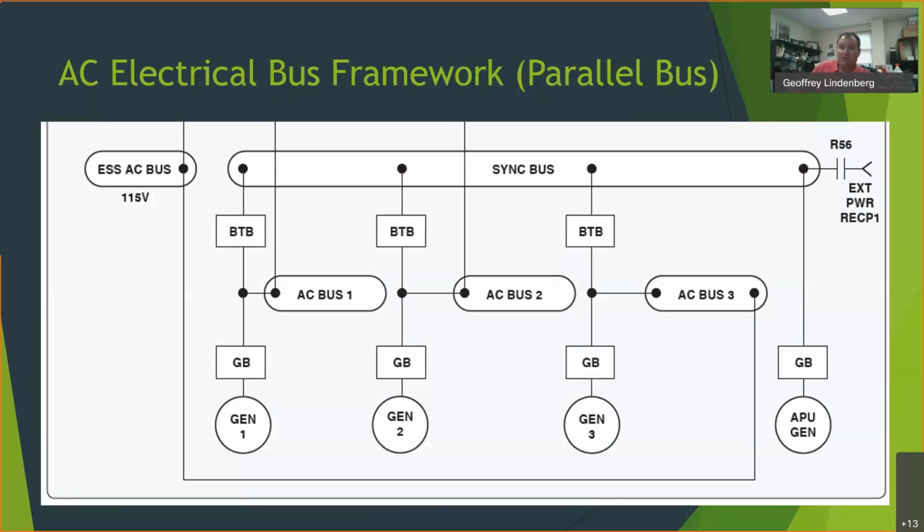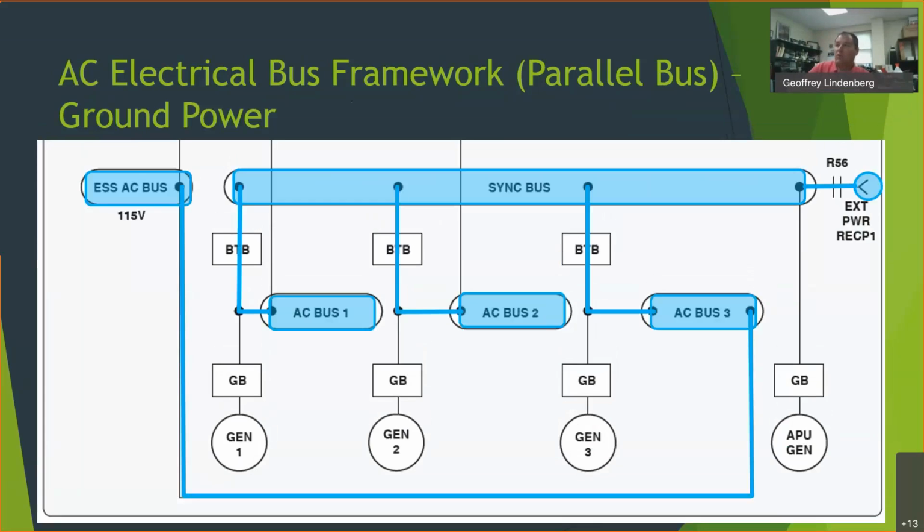So let's look at some things that we've got going on. Normal circumstances, sorry, we'll start with this one, we're going to work the other direction. Starting with ground power, this is what we're doing in the lab. This is how we're primarily running the 727 in lab right now. Let me get my pen.